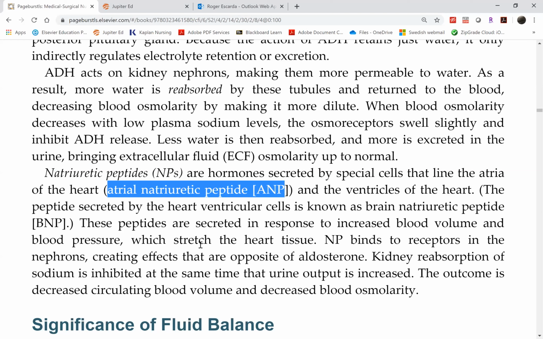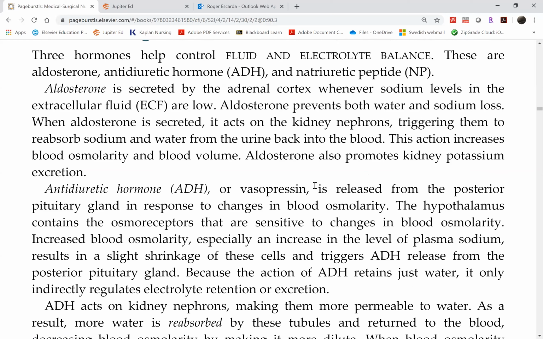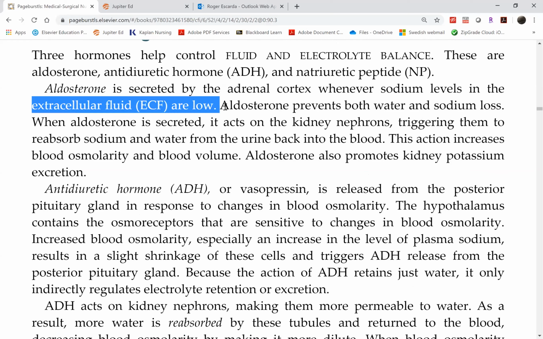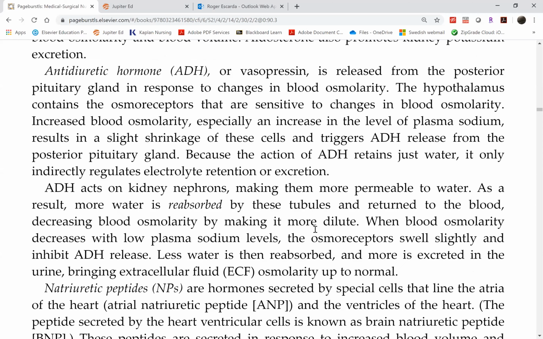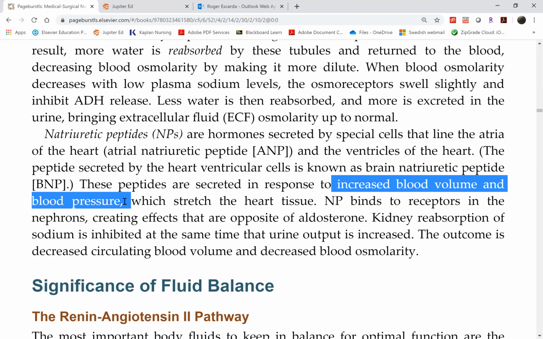So the trigger for the release is, unlike aldosterone and antidiuretic hormone, wherein the response is low fluid in the extracellular compartment, this one is in response to what? Increased blood volume and blood pressure.